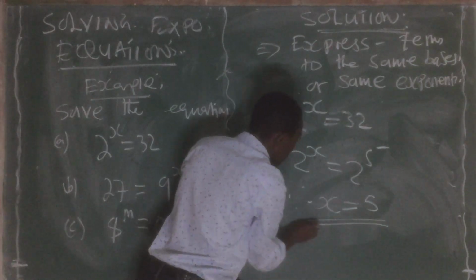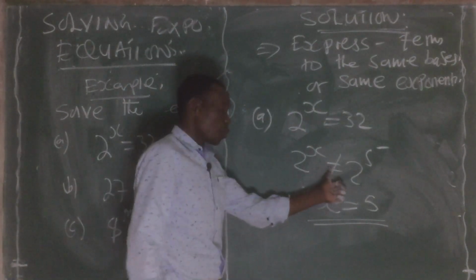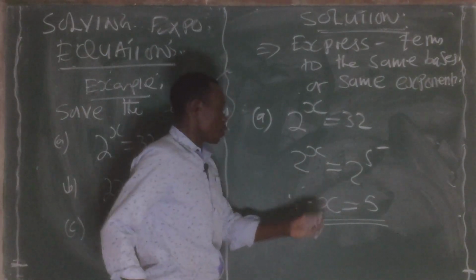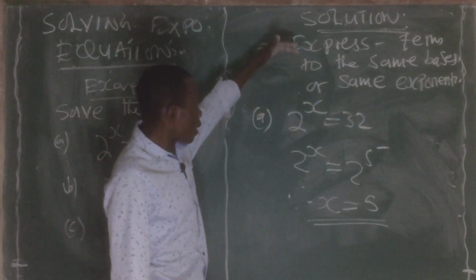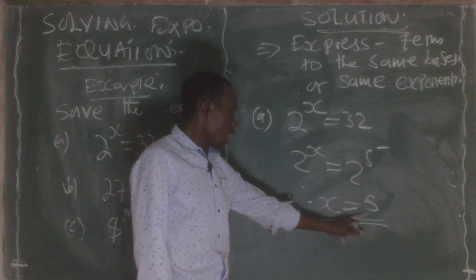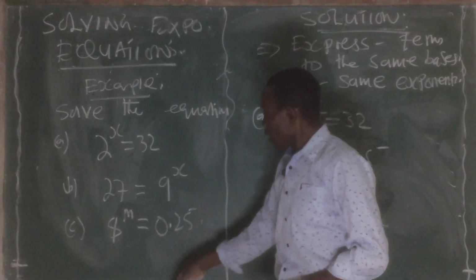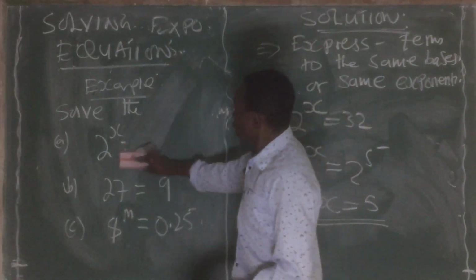Otherwise, if these are not the same, then this equation must be not equal. So that's it. If bases are the same, we also expect the exponents to be the same. In this case, by this principle, we have to expect that x is 5. Now, let me solve this other one. The last one, the C, you are going to attempt as an exercise.